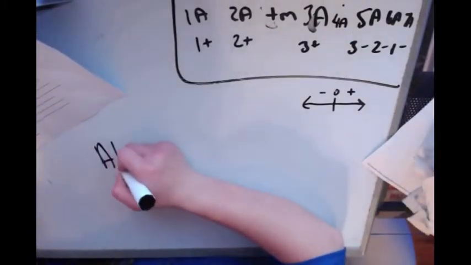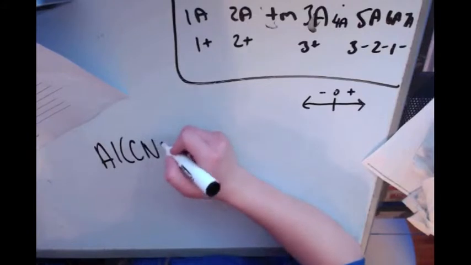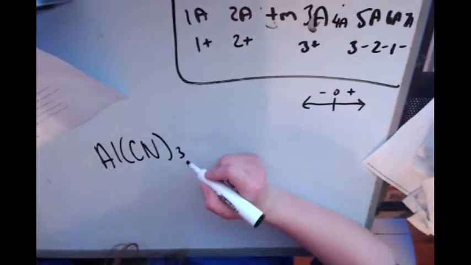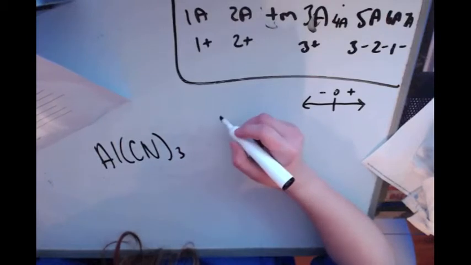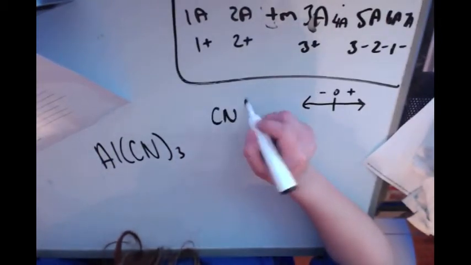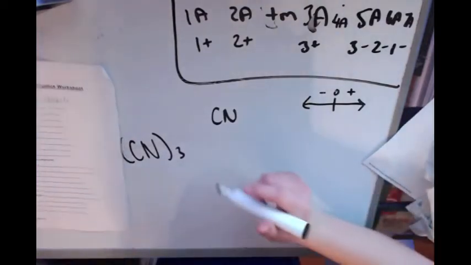Then we have Al(CN)3. This is one I left off the list, but it is also good to know that CN is cyanide. And if I remember correctly, cyanide has a charge of 1 minus. Yep, 1 minus.